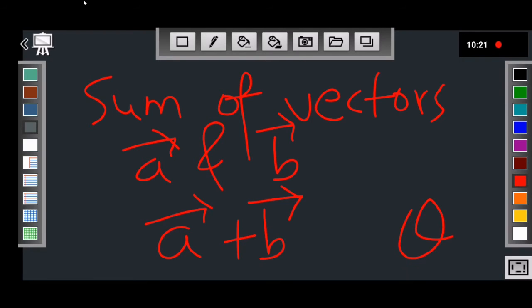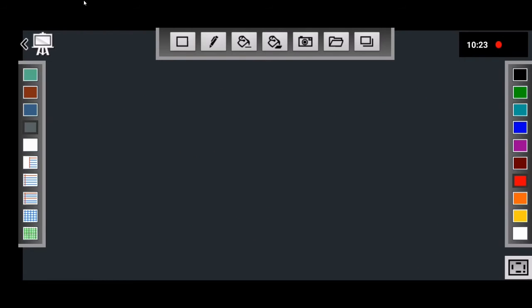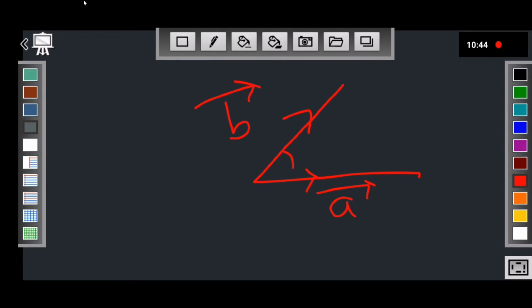Suppose we have two vectors like this, a vector on this side and another, b vector, and suppose the angle between a vector and b vector is theta. Then what will be a plus b?